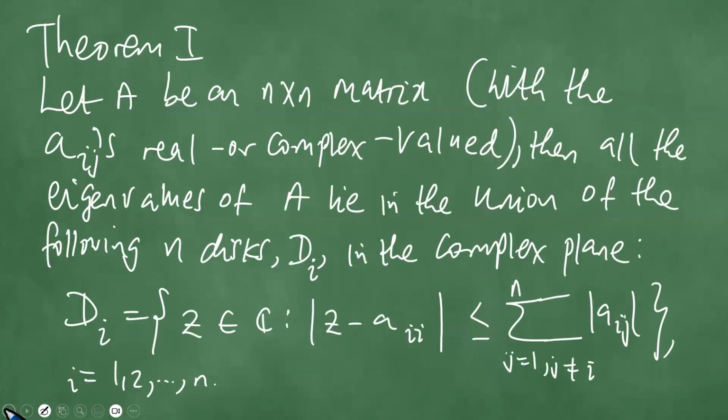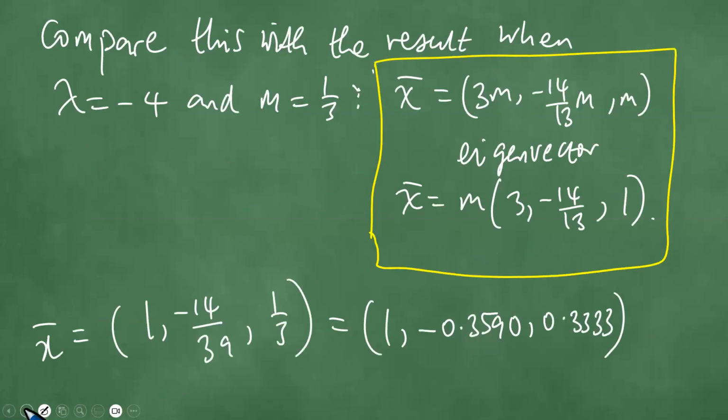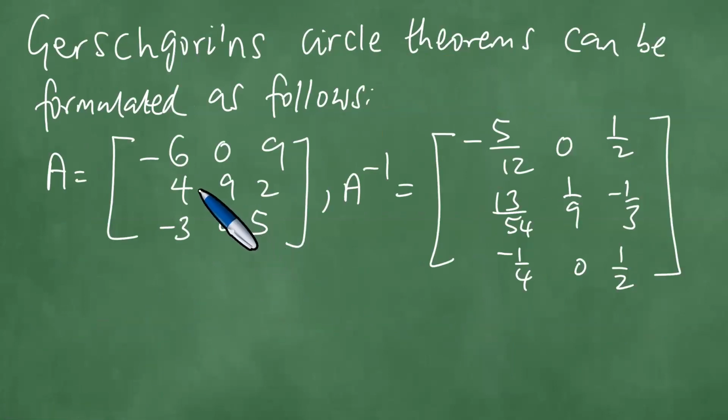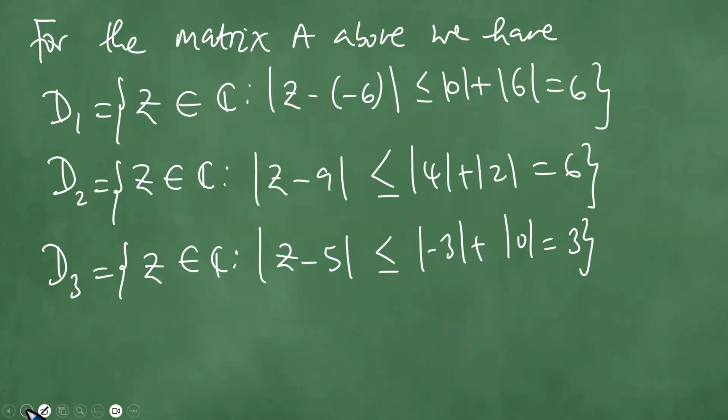So in view of this, the Gerschgorin circles would have z minus 6, z minus 9, and z minus 5, because these are the entries in the main diagonal. Then here you're going to add the off diagonal entries.